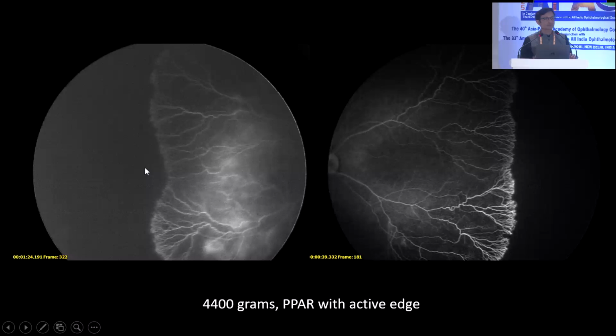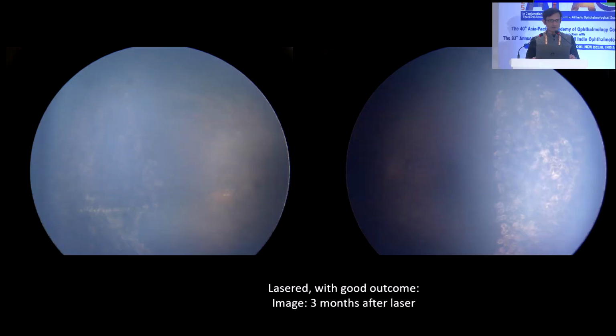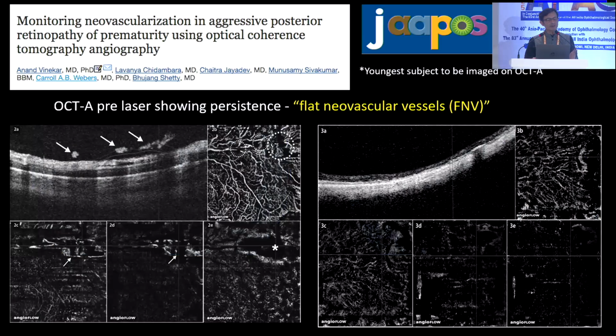So if the edges are not leaking, then this is probably not a reactivation, and you can allow the vessels to grow further, of course subject to the fact that you might be lasering a baby eventually who's much heavier, and unless you have the option of sedation and general anesthesia, in India at least we prefer to laser them much earlier, depending on the comfort of the surgeon. So these babies undergo eventual laser, and combined therapy of anti-VEGF and laser is where the Indian ROP Society is also recommending its guidelines.